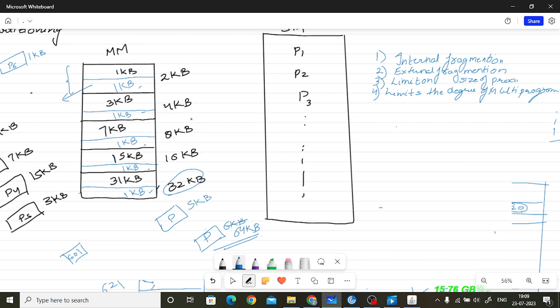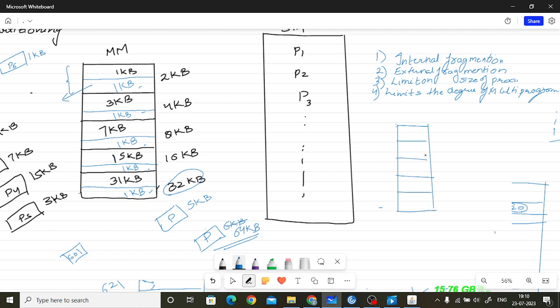So if we can accommodate up to 5 processes in our main memory, the degree of multiprogramming will be 5.